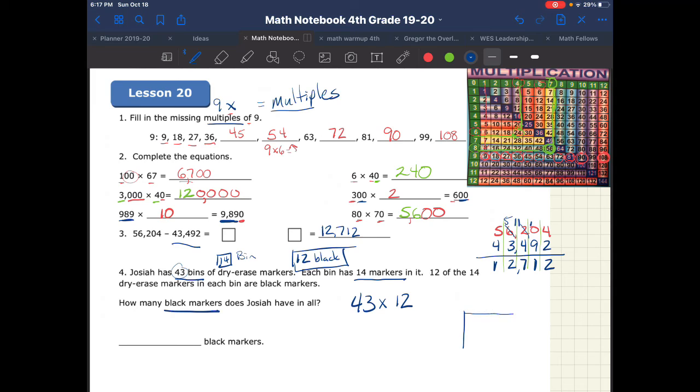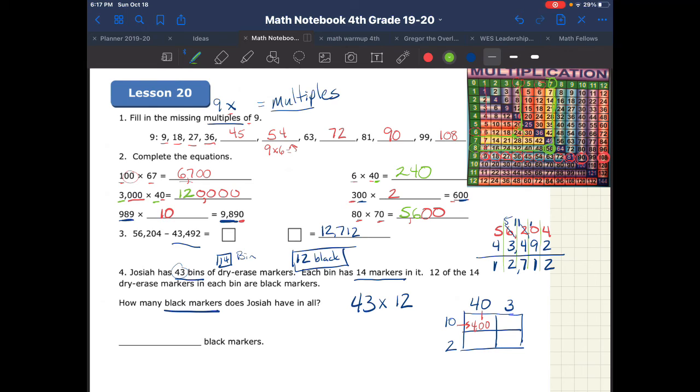43 groups of 12. And here's where that area model is going to come in handy. I'll draw myself a box. And I'm going to break 43 into tens and ones. And I'm going to break the 12 also into tens and ones. And now I just multiply each part. Okay, so where the 40 and the 10 meet, 10 times 40, that would be 400.